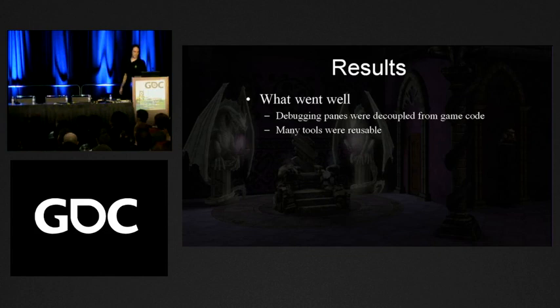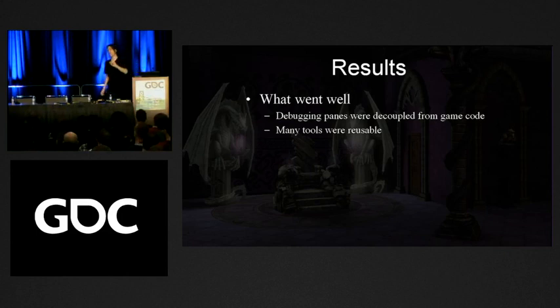So the results, the things that went well, of course, is that the debugging panes, the C++ side, were extremely decoupled from the game code. I'll show you specifically how some of this stuff worked and how we created them. But suffice it to say that there were exactly two Perforce diffs, if I recall, for the debug panes. There's one in global game initialization, which said if we're in debug mode, then go ahead and spawn this thing that'll spawn these windows.